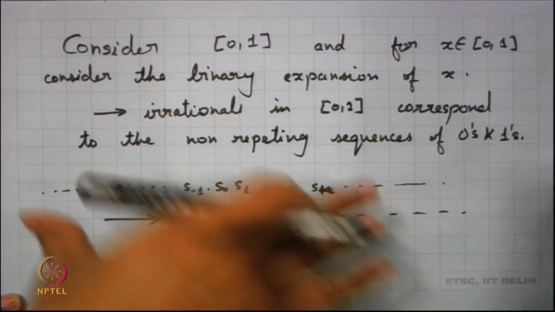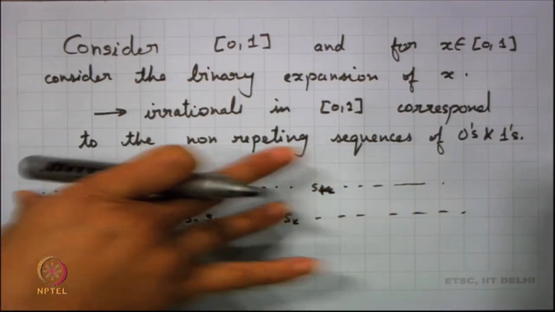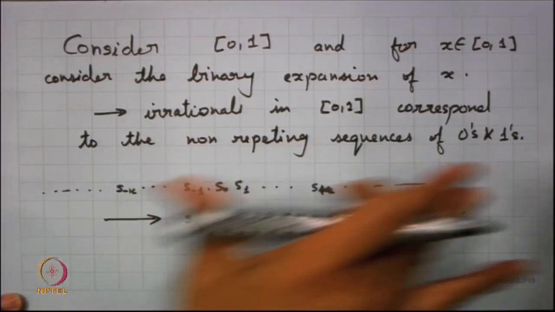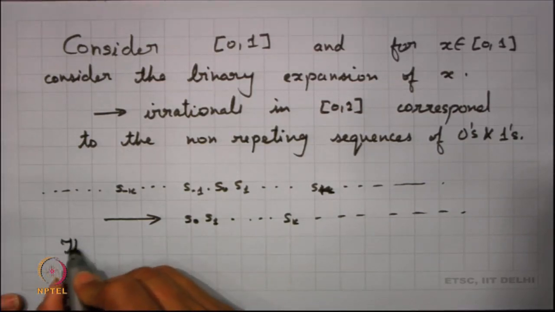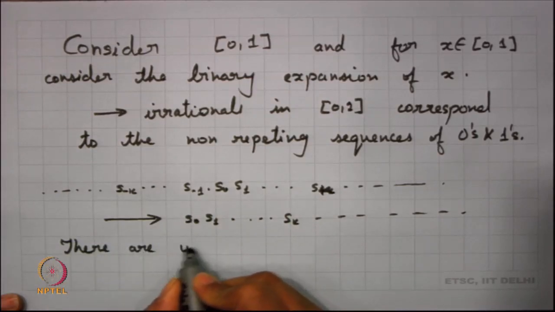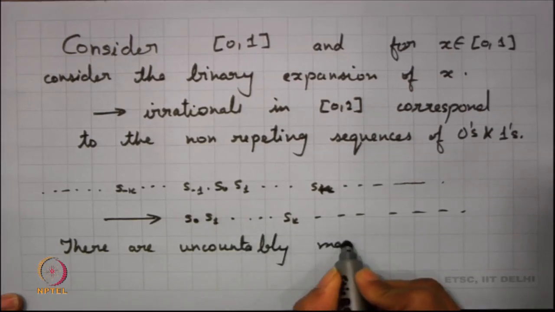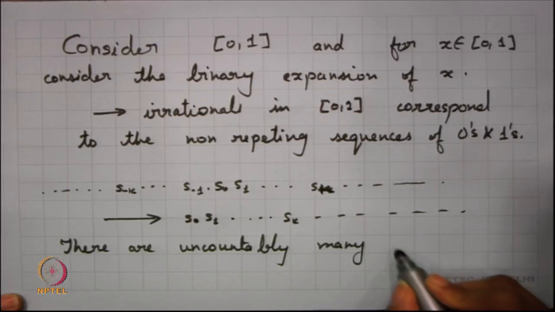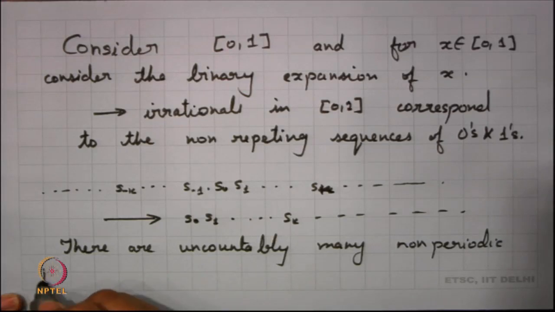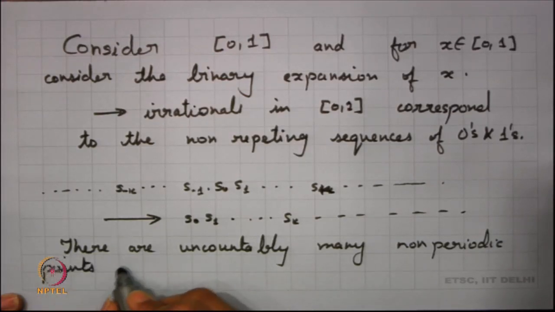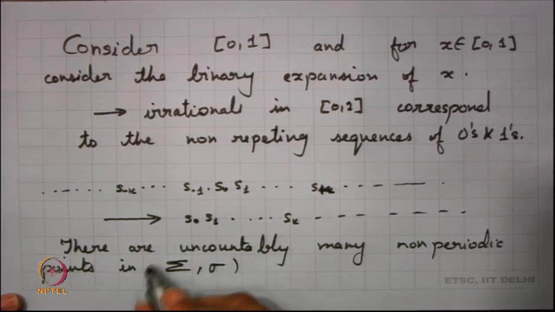So, the non-periodic points in our space sigma correspond to the non-repeating sequences of zeros and ones, and hence we can conclude that there are uncountably many non-periodic points in sigma, or I should say the system sigma.